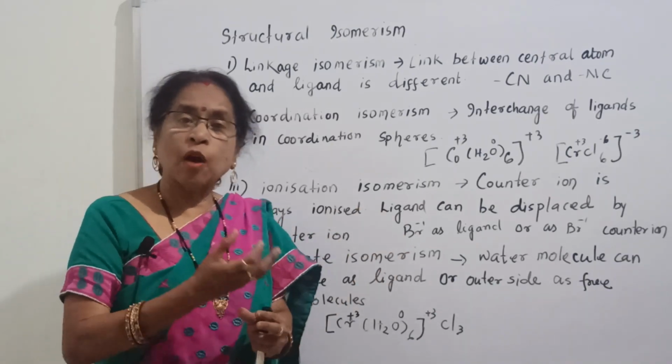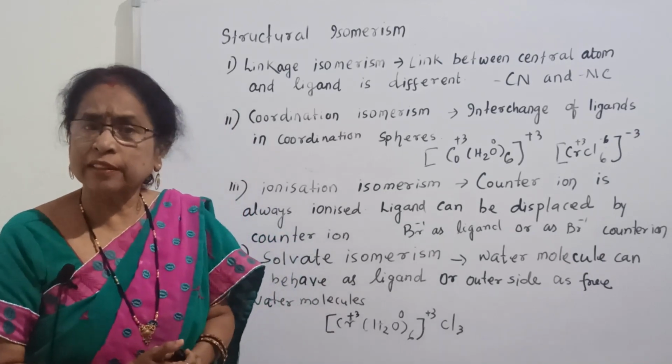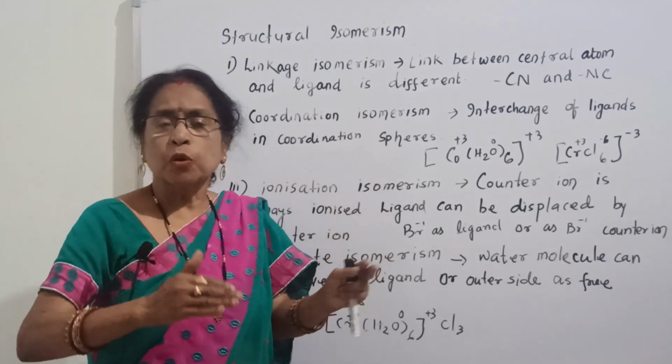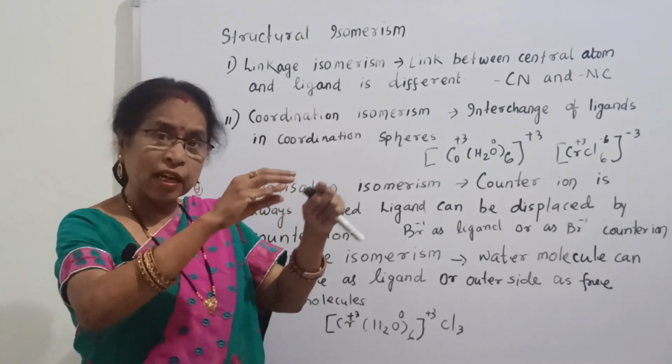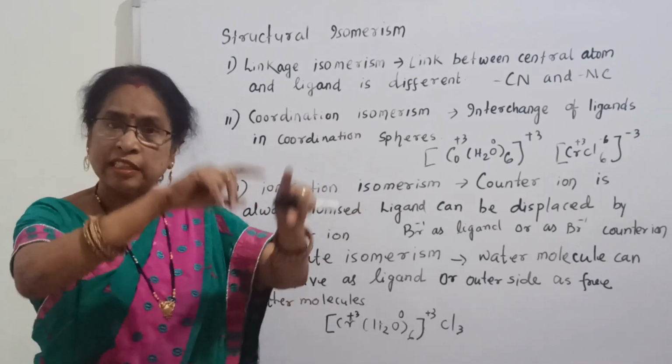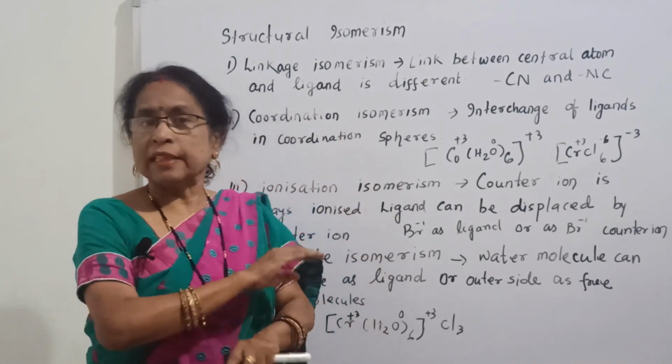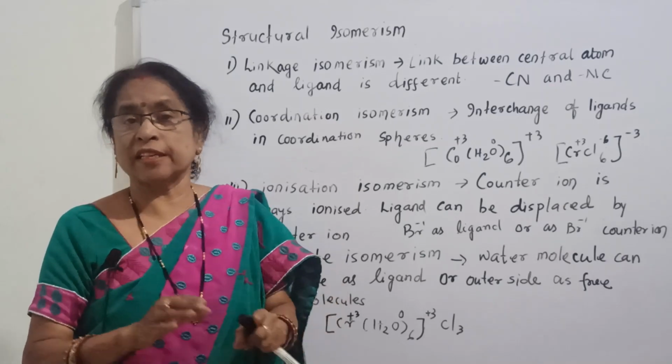Ionization isomerism means a counter ion and one of the ligands are exchanged. You know what is meant by counter ion, which will give the acid radical test, that is outside the coordination sphere. But the anions present inside the coordination sphere never show any acid radical test.